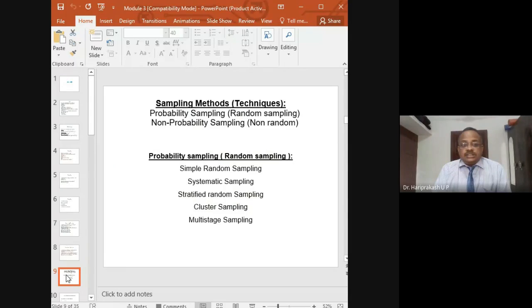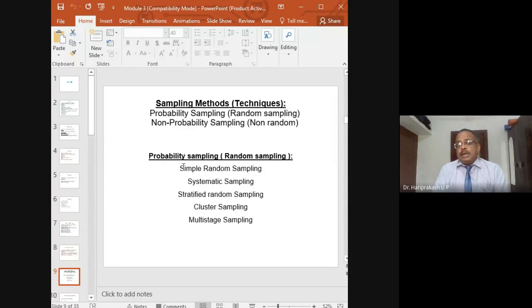Sampling methods. When we are discussing sampling methods, broadly there are two types: probability sampling and non-probability sampling. Probability sampling is also called random sampling. Non-probability sampling is called non-random sampling.